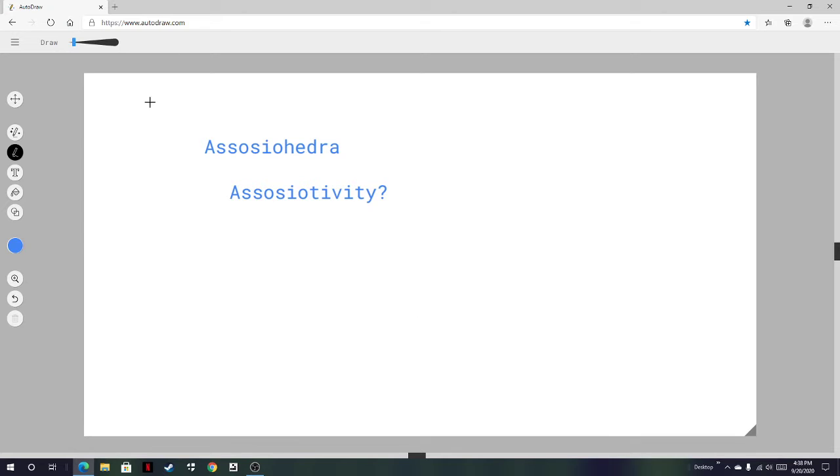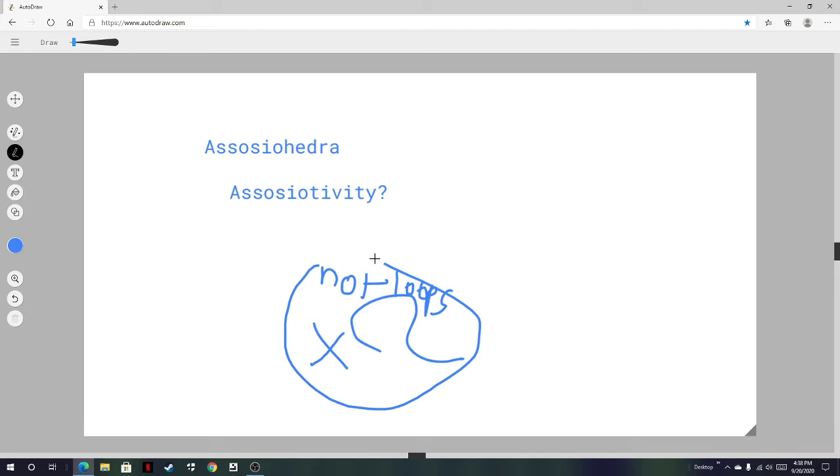And, well, to understand associativity, we have to talk about loops. What is a loop? What classifies as a loop? This is not a loop. This is not a loop. Not loops. Things like this, none of those are loops.